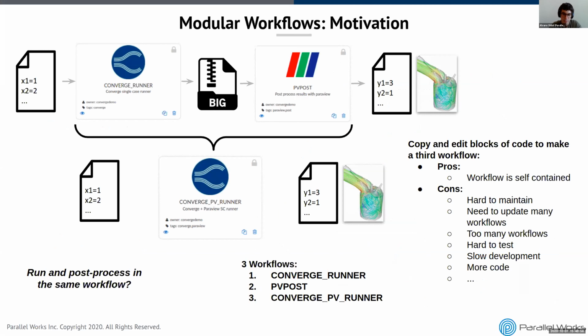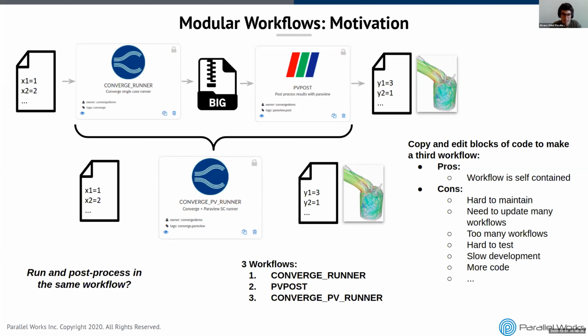And the way we did this before was by creating a third workflow and then copying and editing blocks of code from the previous two workflows into the third. And you can see here, I'm showing an example called converts Paraview runner. When we call a workflow runner, we typically mean that it only runs one case, just a side note.